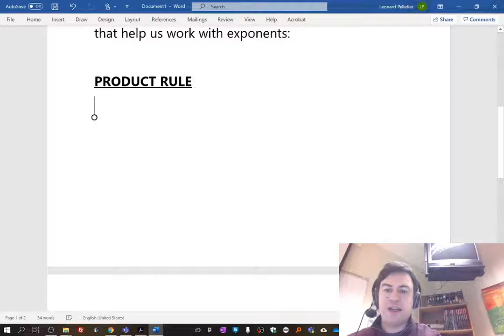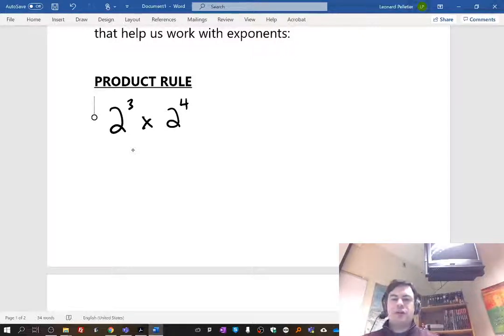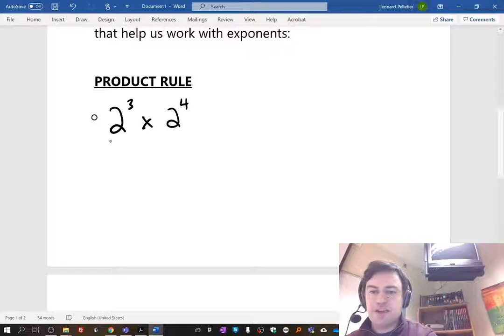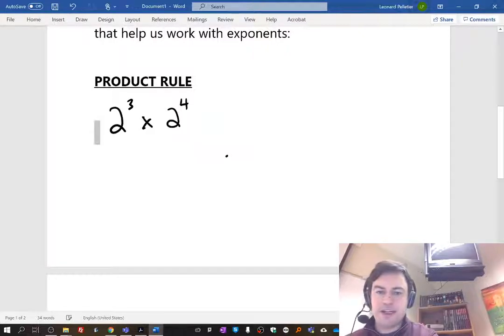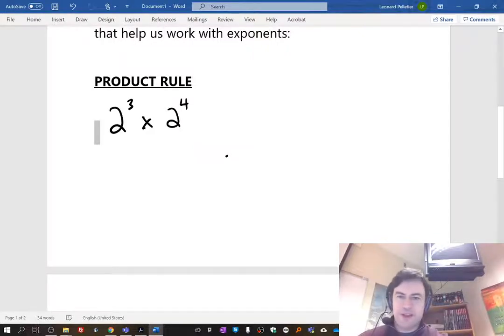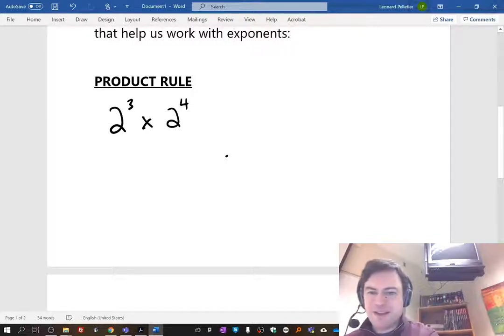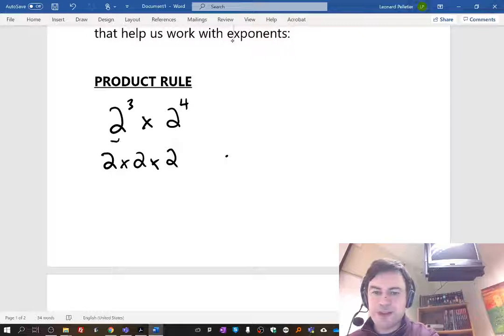For example, if we have 2 to the power of 3 times 2 to the power of 4, you could look at the expanded form of these. 2 to the power of 3 is 2 times 2 times 2, that expanded out.